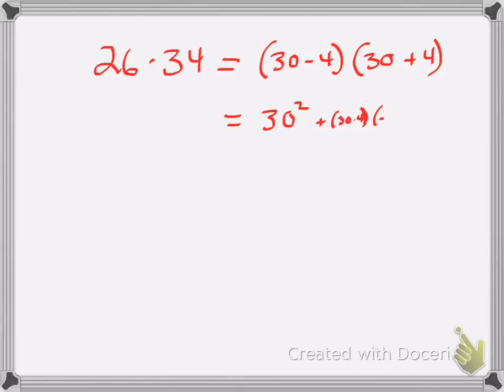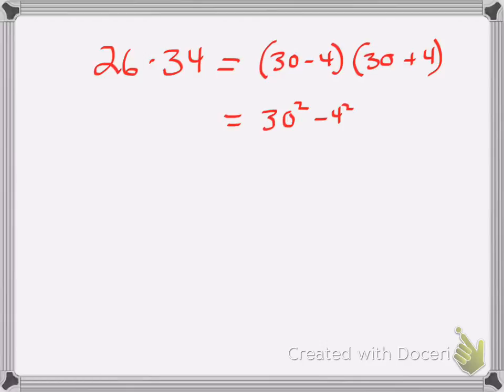Isn't that the same thing? Right? And then I have my minus 4 times 4. But these are going to both be plus 120 and minus 120. Don't they cancel out? So we don't need to write those. Minus 4 squared. You with me?